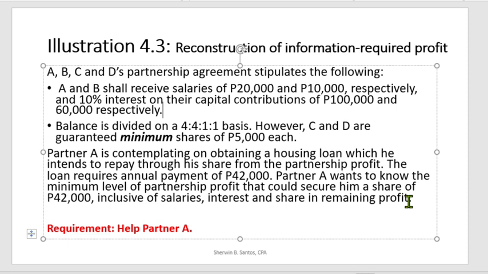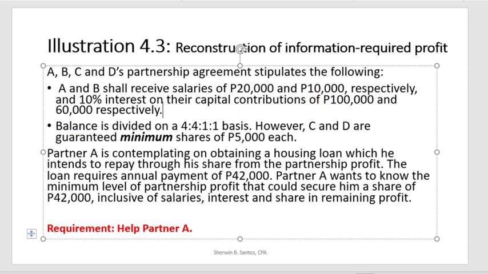So, ang tinatanong dito, the requirement is for you to help partner A na ma-identify kung at what level of profit pwedeng ma-achieve niya yung ganong condition na yung 42,000 na bayad doon sa loan na annually ay manggagaling lang doon sa partnership given this information.